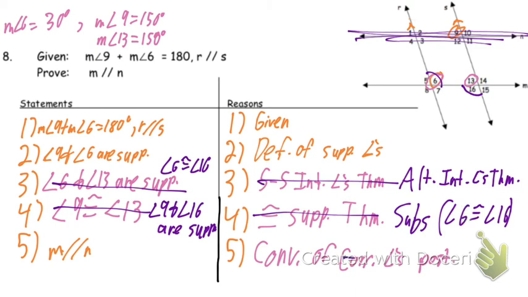And then instead of the converse of the corresponding angles postulate, I can say, if 16 and 9 are supplementary, I can use the converse of same side exterior angles. So there's other ways we could go about it as well. There's a lot of different ways you can go about these. Gregory. There is nothing. Yes.